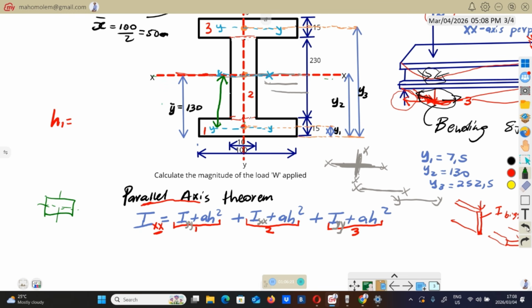So now, what is h1? h1 is the distance between this xx line and this yy line, which is the distance from here to there.